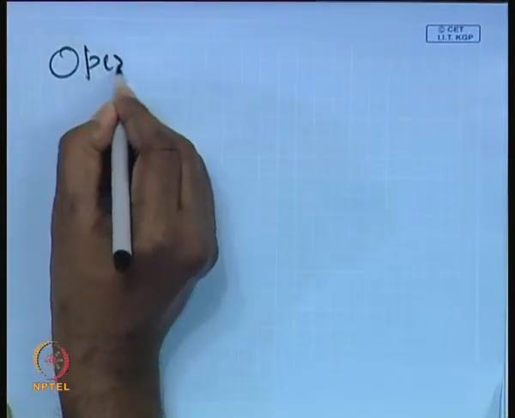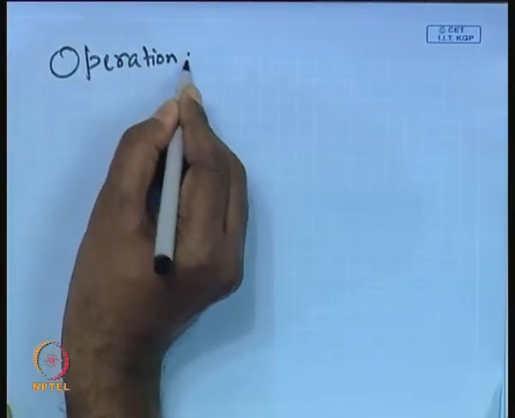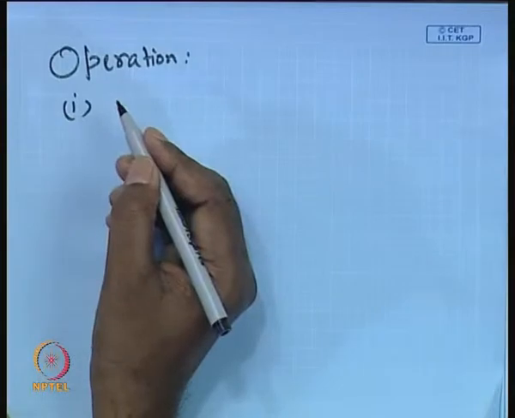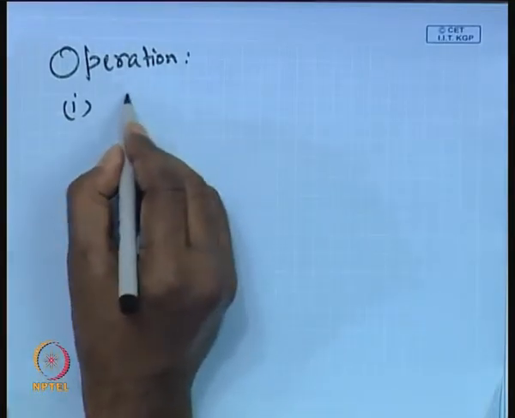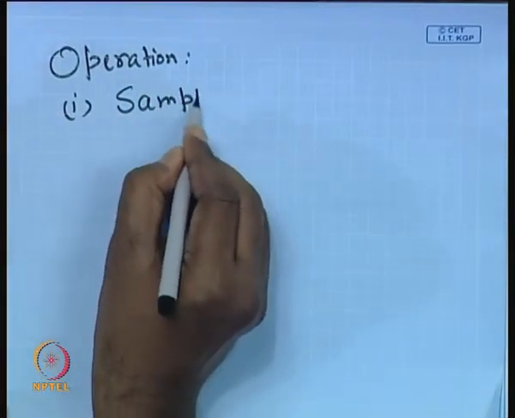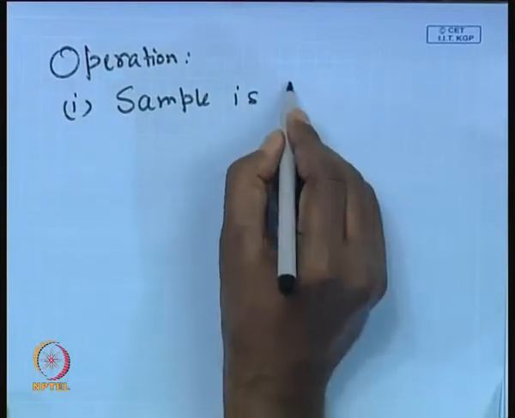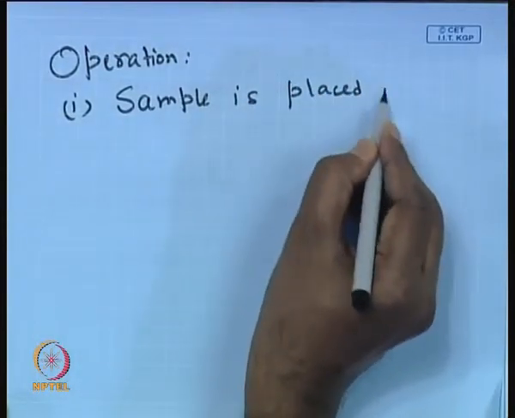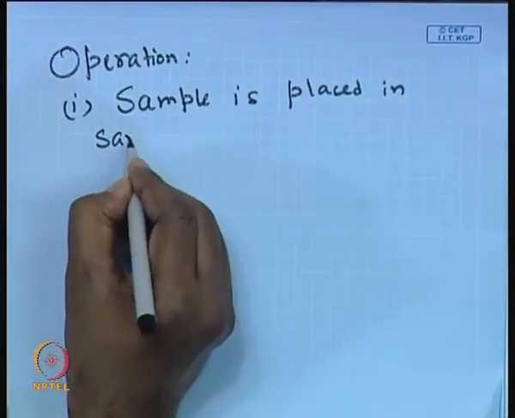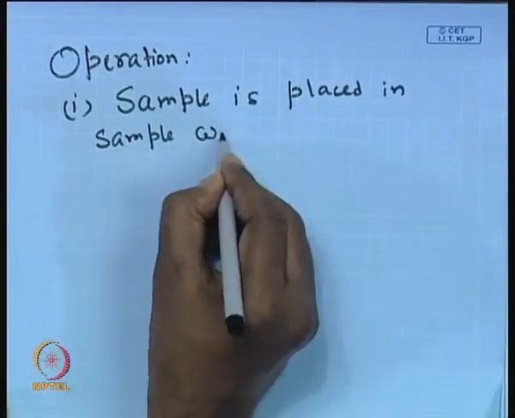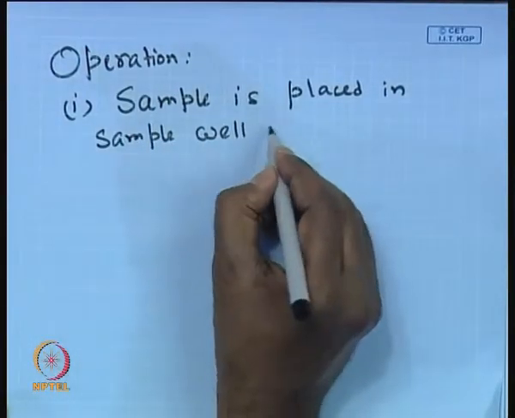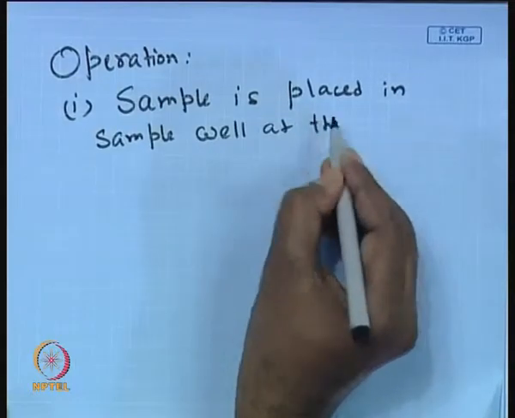Now, what is the operation? Let us look into the salient features of the operation. The first one is the sample is placed in the sample cell at the center of the glass slab.